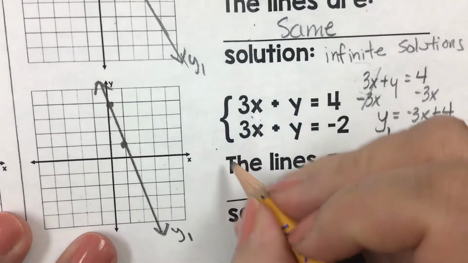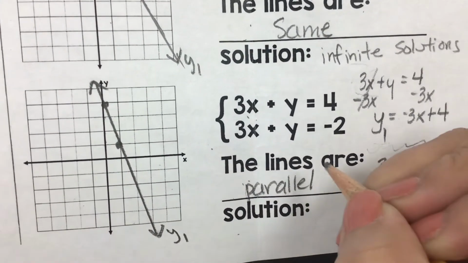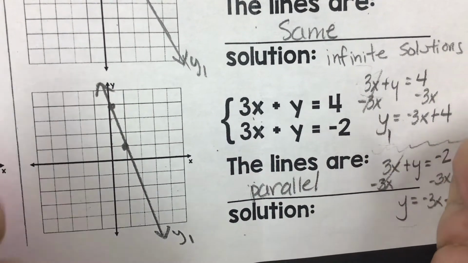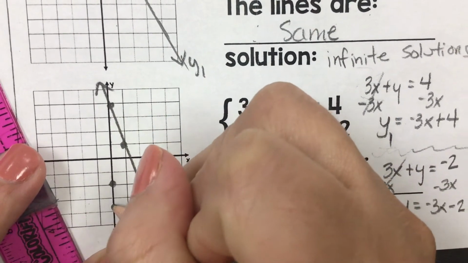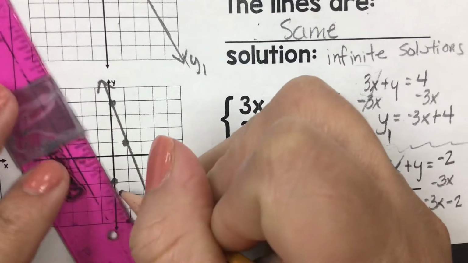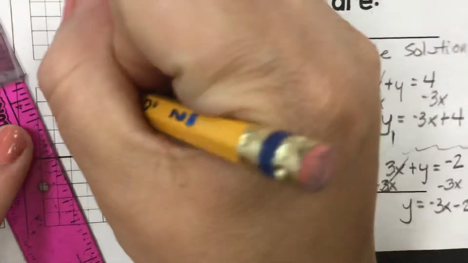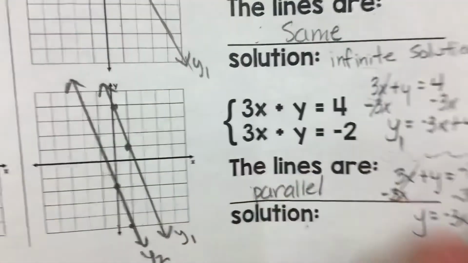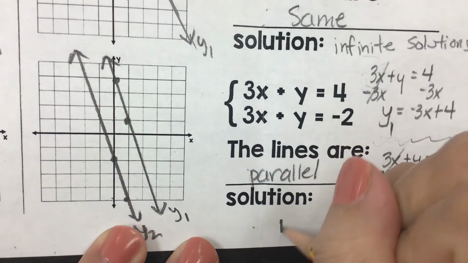So these lines are parallel. And I graph it at the negative 2. We're going to go down 3, 1, 2, 3 and to the right one. This is my y2. And since they have no intersection, then they have no solution.